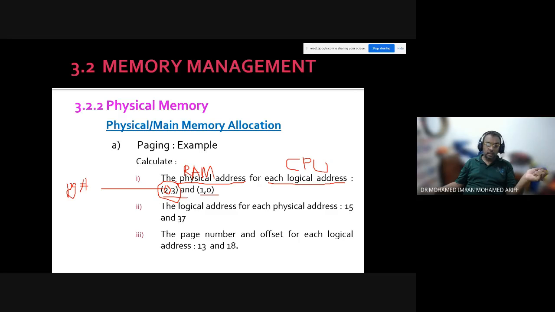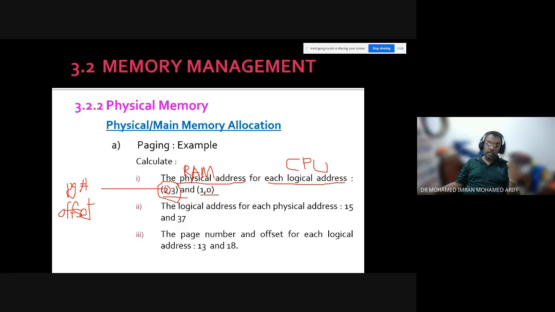Number 2 here is what we say as the page number. And number 3 here is what we say as the offset. Okay. So yang ni, satu ni ialah page number, yang keduanya ialah offset value.